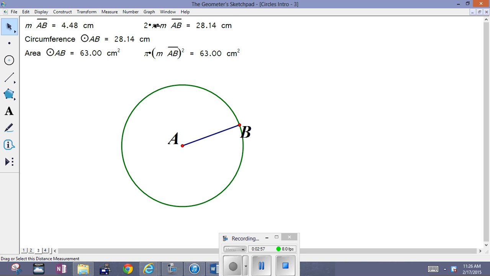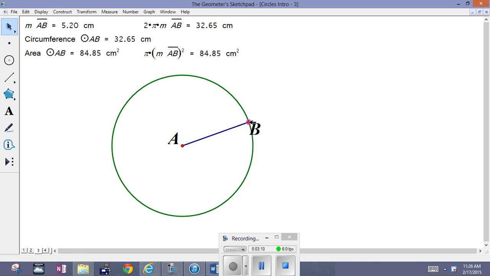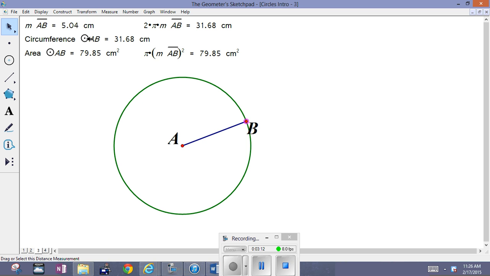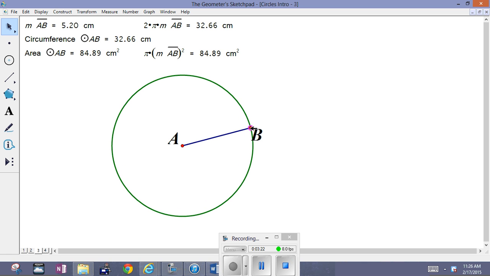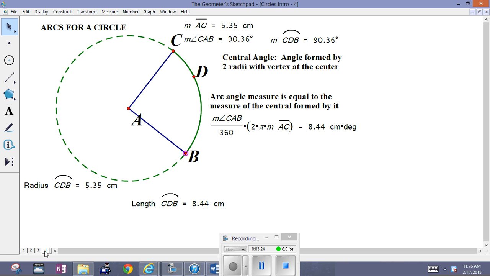The circumference formula is given by 2 pi times the radius, 2 pi r. Here's our circumference, 2 pi r. The radius is right here, and 2 pi times that is the circumference. The area is pi r squared.